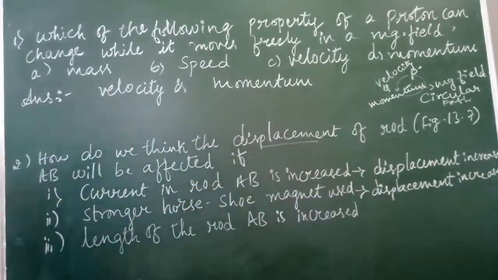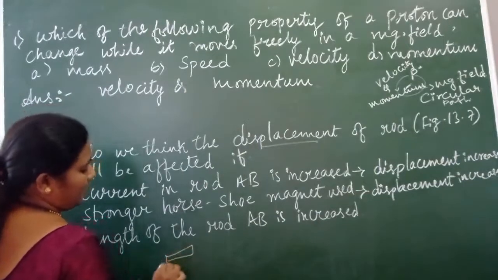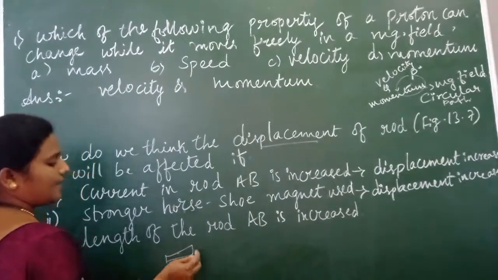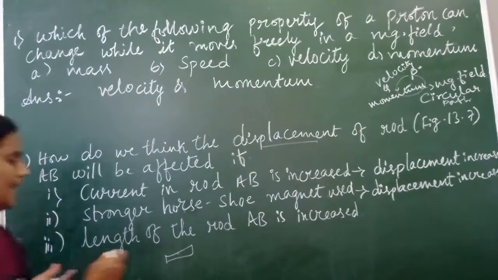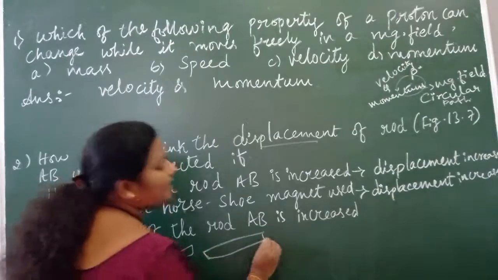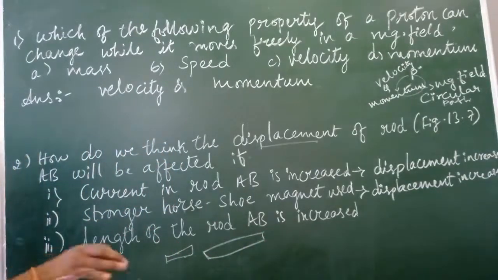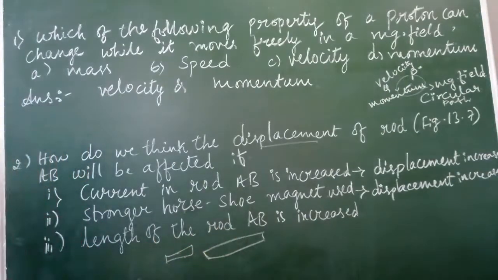And the third comes: if we increase the length. Suppose for 5 cm the rod has shown some amount of displacement. If the same rod's length is increased, what happens? More displacement it will show, because length is directly proportional to displacement.